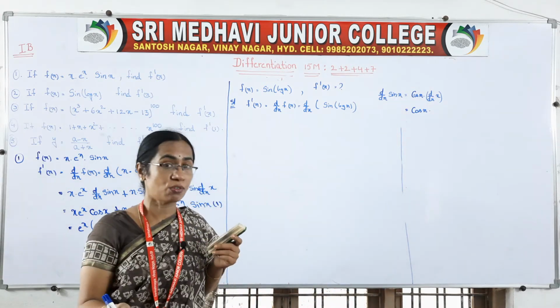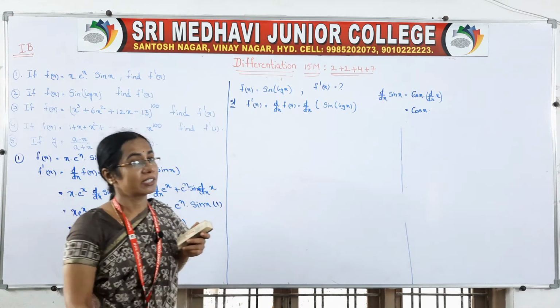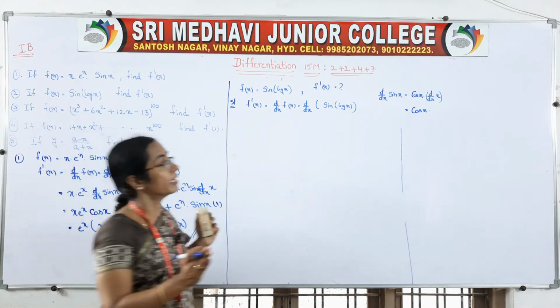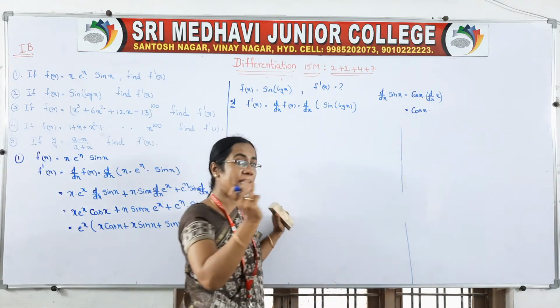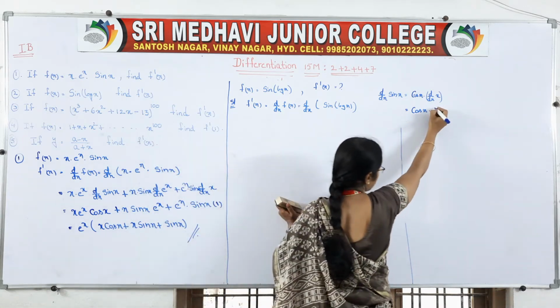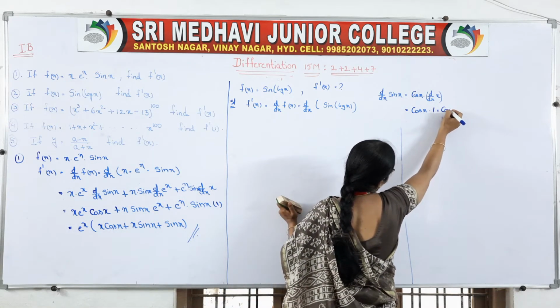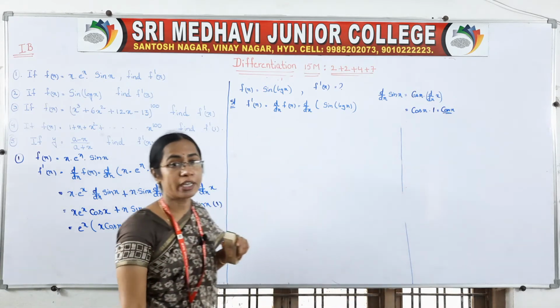While giving the list of formulae, I gave d by dx of sin x is equal to cos x. Actually, indirectly it is cos x into d by dx of that variable, but d by dx of x is 1. That's why we have taken that value as cos x into 1, which is cos x only.